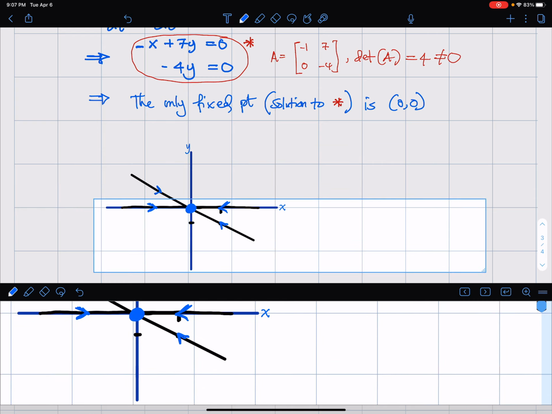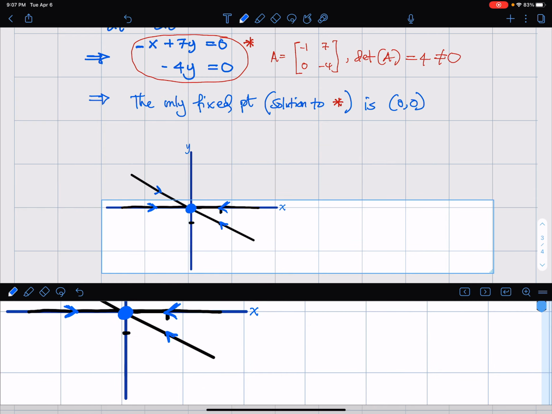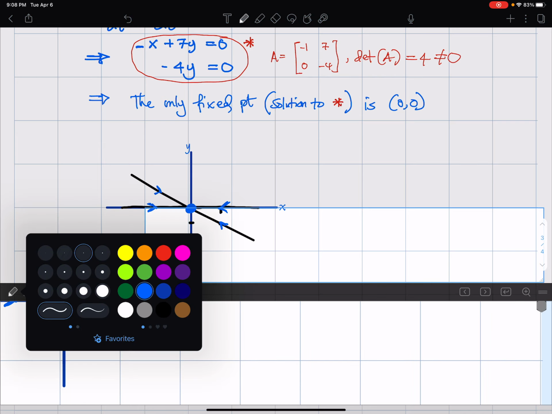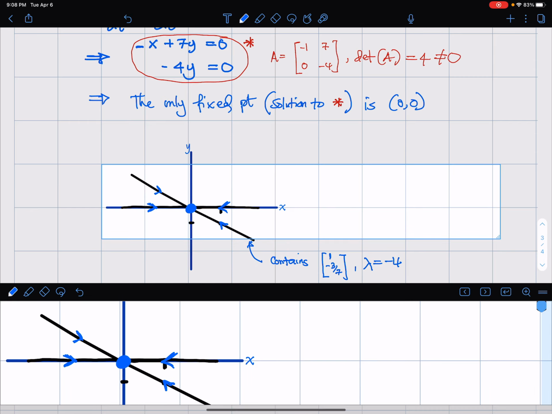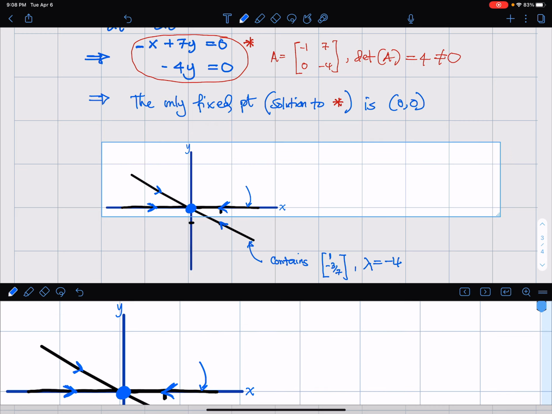So now what do we know? Let's label a few things. This line contains the eigenvector 1, -3/7, and the eigenvalue here is -4. And this line contains the eigenvector 1, 0, and the eigenvalue is -1.